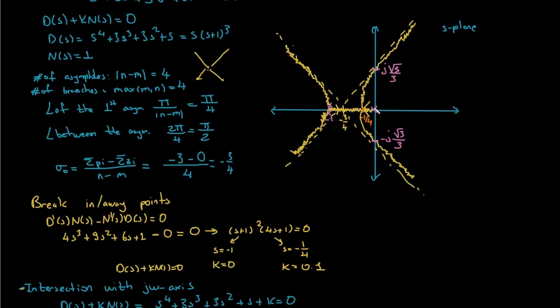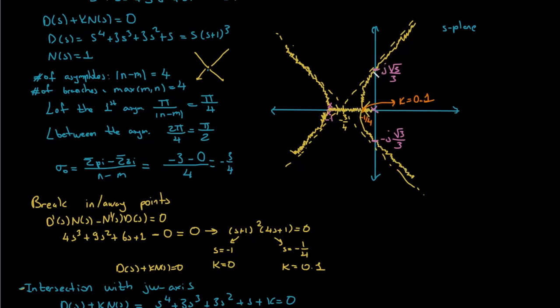So when k is approximately 0.1, if I can write that thing down. Okay. These two poles meet here, we have double roots here, and they break away, and they start following the asymptote.